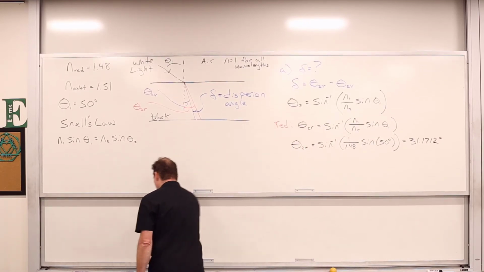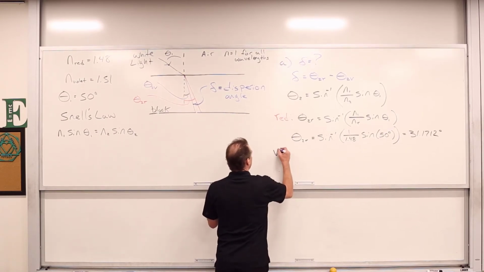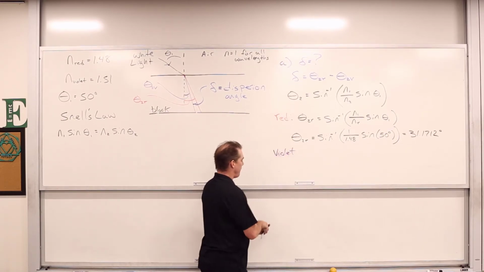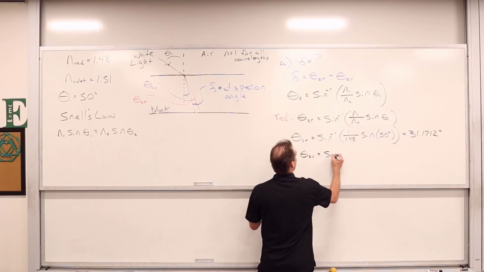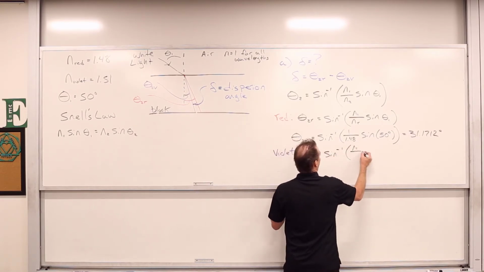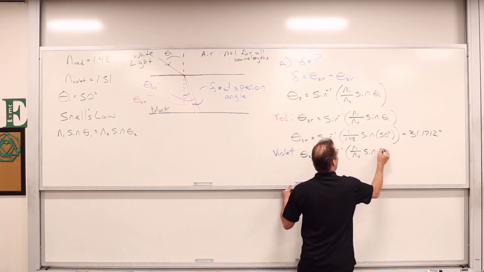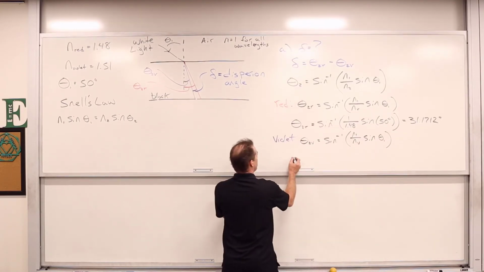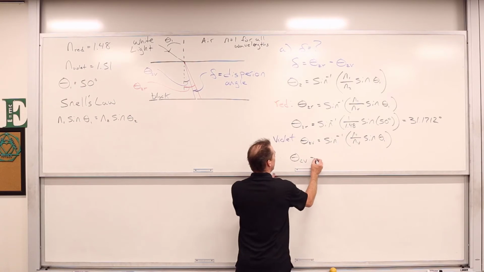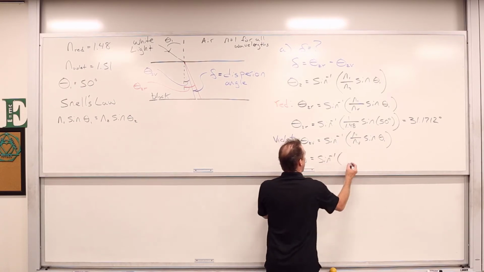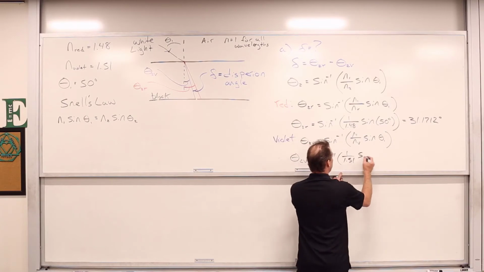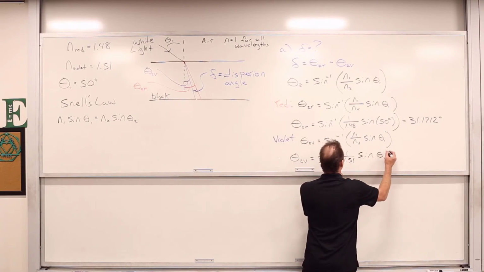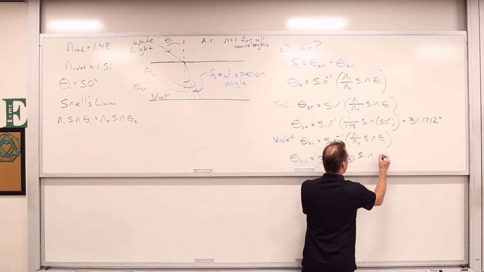We'll do the same thing for the violet now. For the violet, theta 2 violet is equal to the arc sine of n1 over n violet times the sine of theta 1, which gives us theta 2 violet is equal to the arc sine of 1 over 1.51 for n sub violet, times the sine of 50 degrees for theta 1.